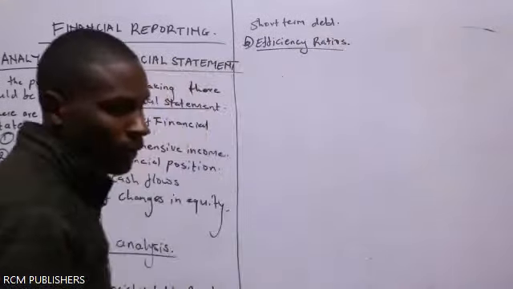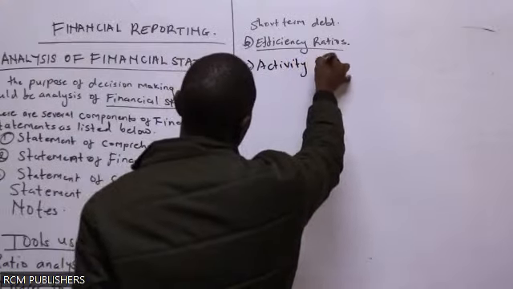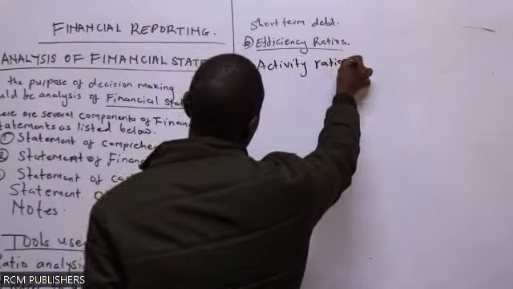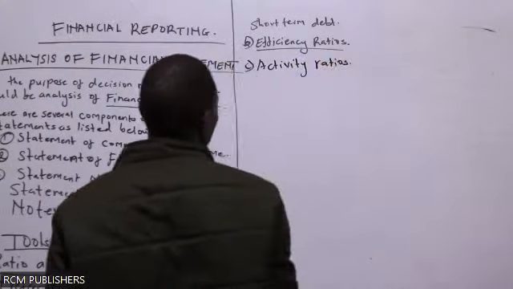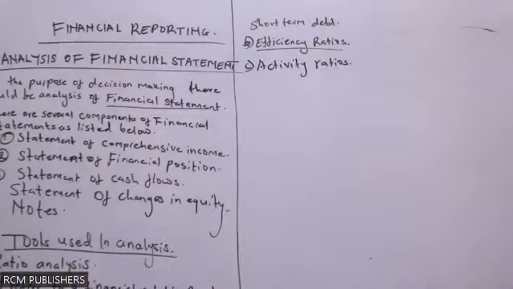Who can tell us what efficiency ratios are used to show? Efficiency ratios, and then the other one is activity ratios. Like the way we have said that liquidity ratios show whether the company is able to pay its short-term loans, what about the efficiency ratio?